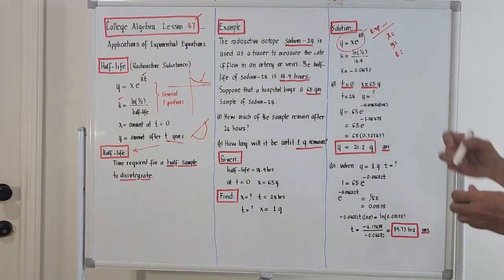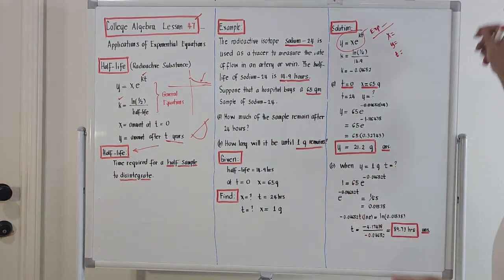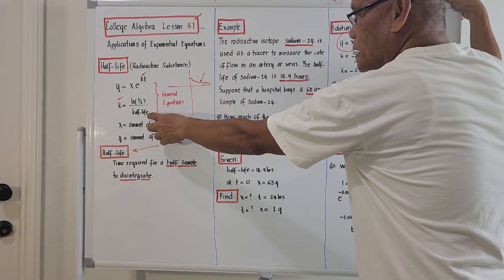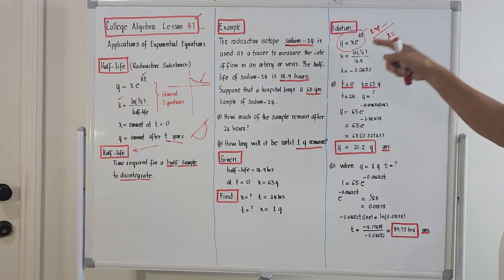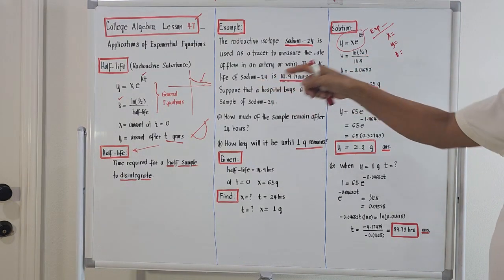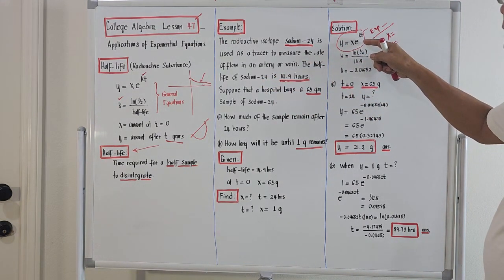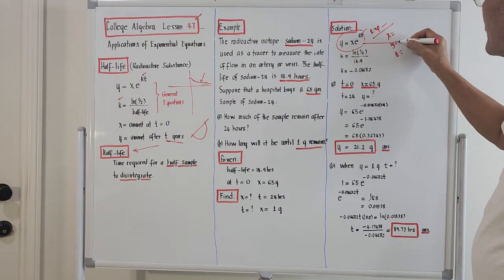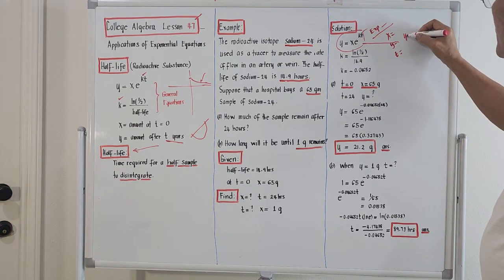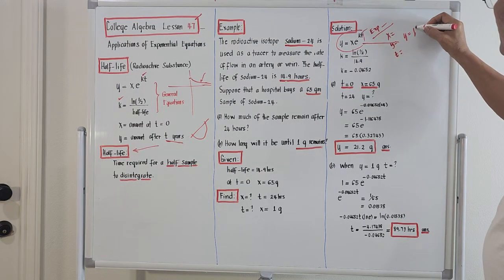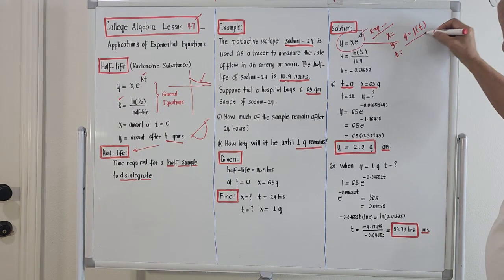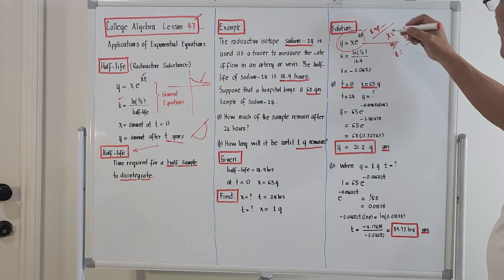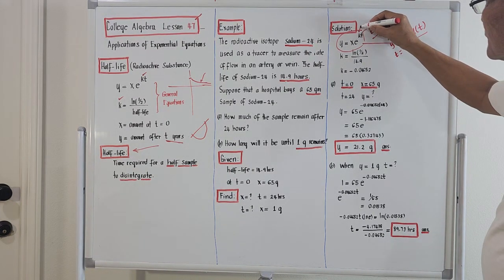For the value k, it is given as the natural logarithm of 1/2 over the half-life. To compute y as a function of time, we need the value of k.